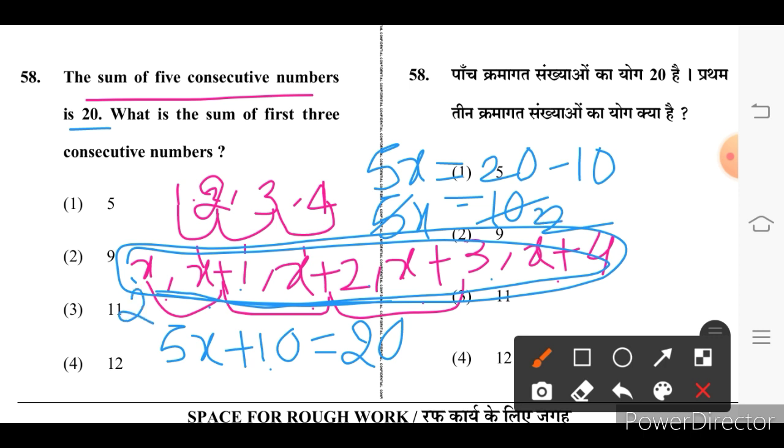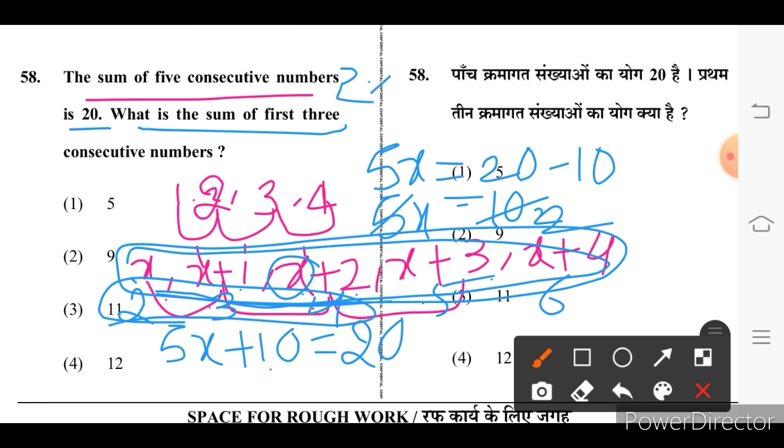So this is 2, and this is 2 plus 1, which is 3, and 2 plus 2 is 4, then 5 and 6. What is the sum of the first 3 consecutive numbers? 2 plus 3 plus 4. 2 plus 3 is 5, 5 plus 4 is 9. So the second option is correct.